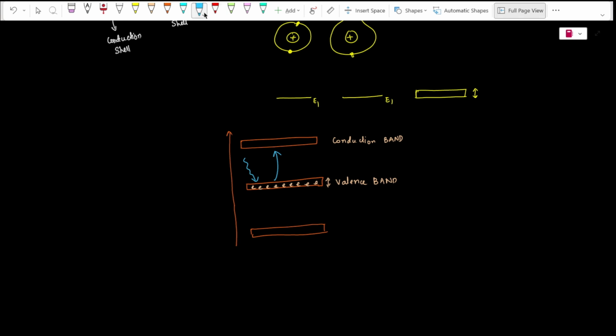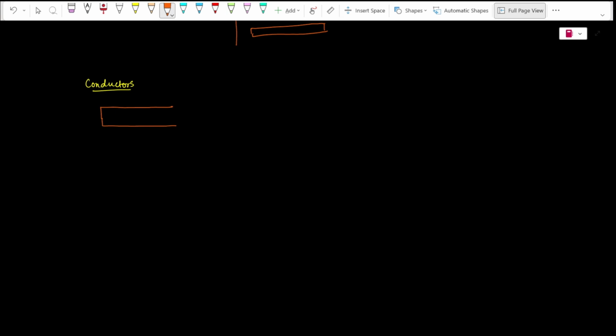Now, there are certain materials. So these materials are called conductors. Now, if I look at conductors, what we'll see here is that if this is my conduction band, and let's say this is my valence band, this valence band and conduction band overlap.